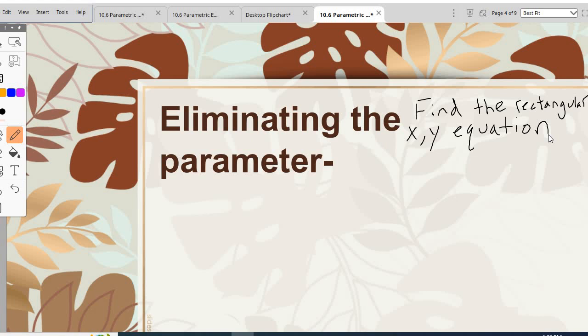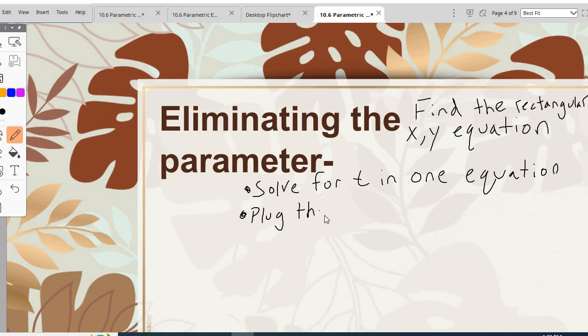So we're first going to solve for t in one equation. Then we're going to plug the result into the other equation. And then simplify.